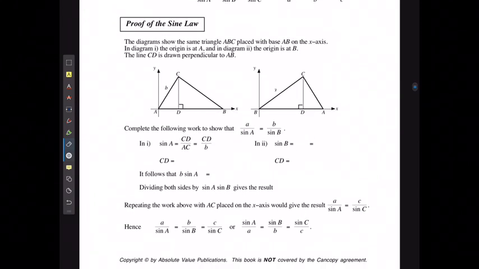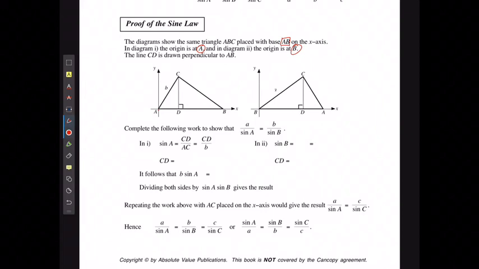Well, the diagrams show the same triangle, ABC, placed with a base of AB on the x-axis of this grid. In diagram 1, the origin is at A, and in diagram 2, the origin is going to be at B. So all they did is just reflected the exact same triangle.